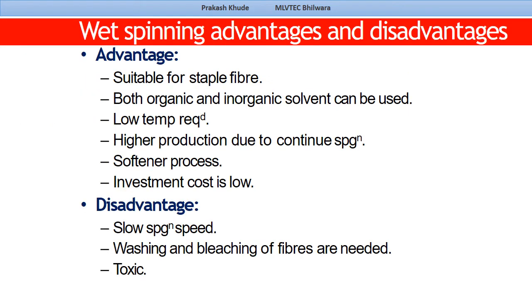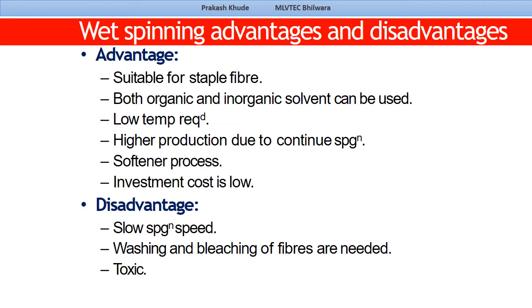So next we see what are the basic advantages and disadvantages of wet spinning systems. Recall that the disadvantage of dry spinning is that it cannot be used for staple fiber. It is basically used for fine linear fiber.